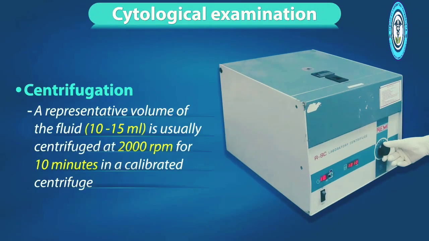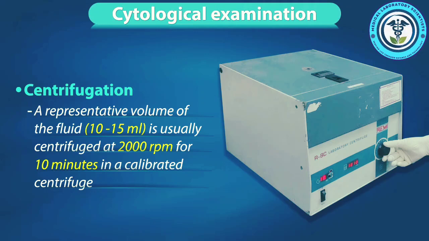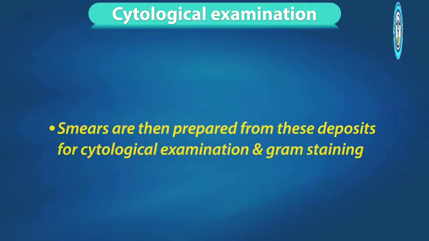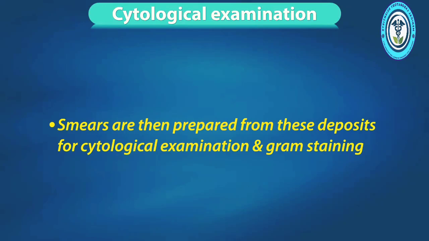Centrifugation. A representative volume of the fluid, preferably 10 to 15 ml, is usually centrifuged at 2000 rotations per minute for 10 minutes in a calibrated centrifuge. Smears are then prepared from these deposits for cytological examination and gram staining.